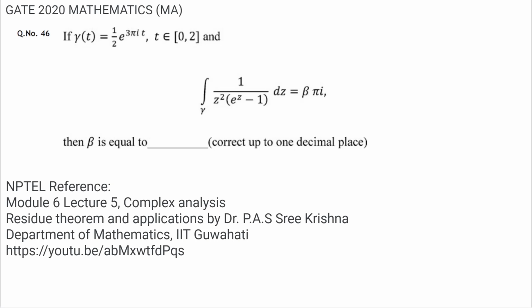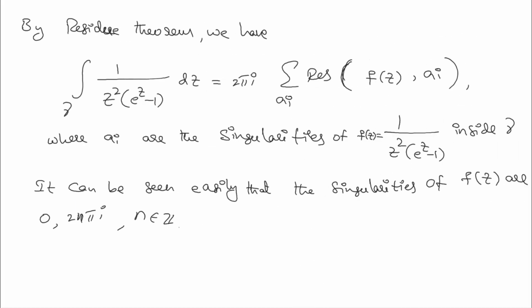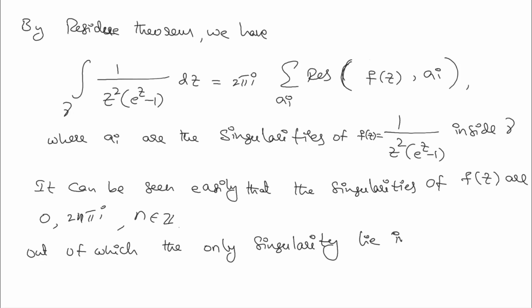Similarly we can see the next singularity minus 2πi and the rest of all the singularities lie outside the closed curve gamma, out of which the only singularity that lies inside gamma is 0.